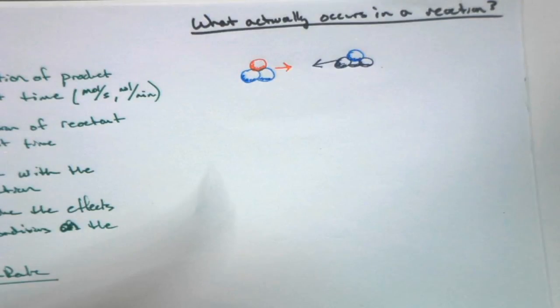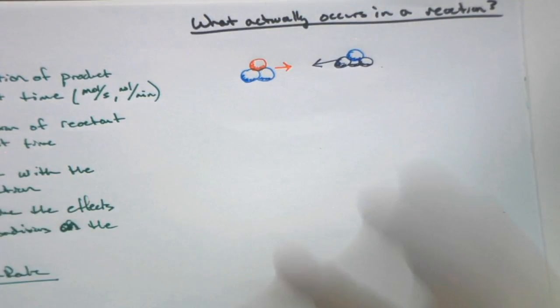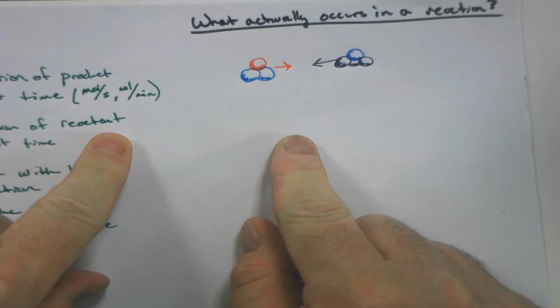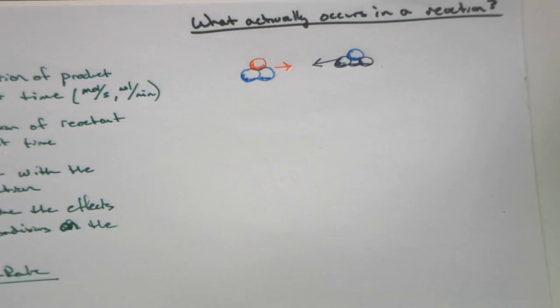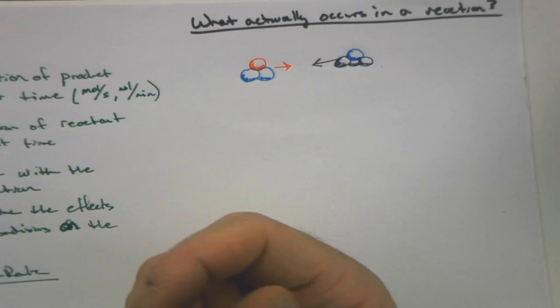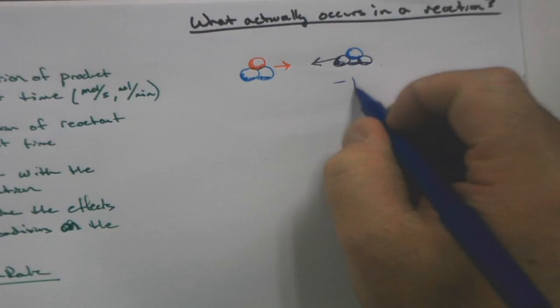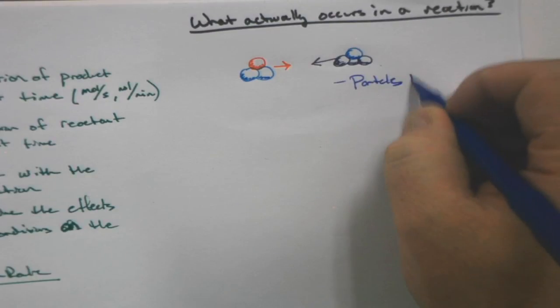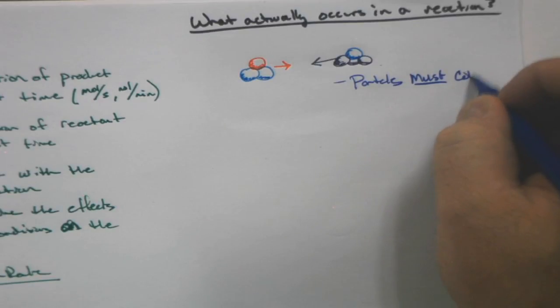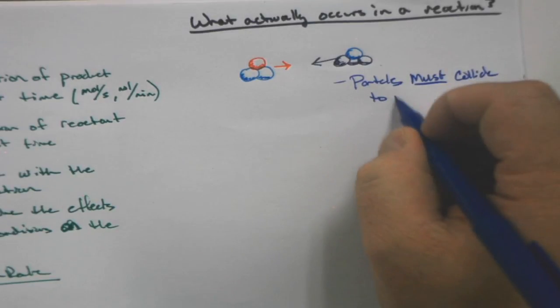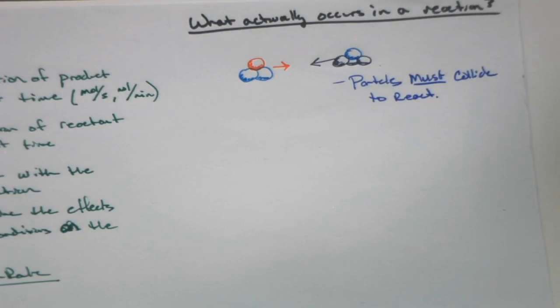If these two molecules are sitting apart from each other, are they just going to start lobbing atoms at each other in order to make a chemical reaction happen? No. What do they actually physically have to do in order to make new products? They actually have to run into each other. They must collide. Particles must collide to react.